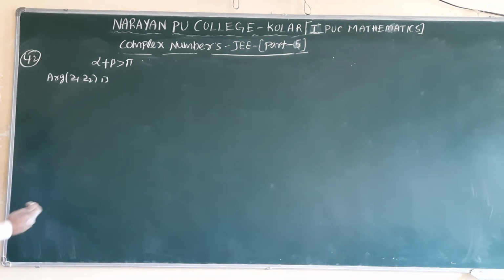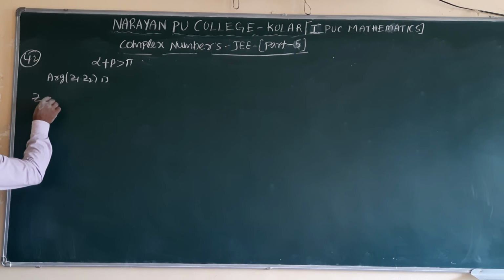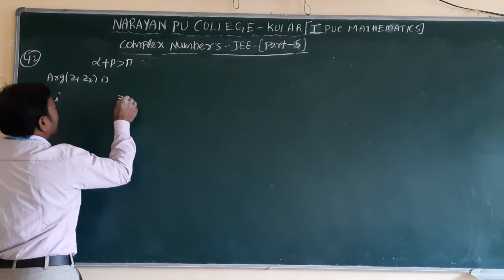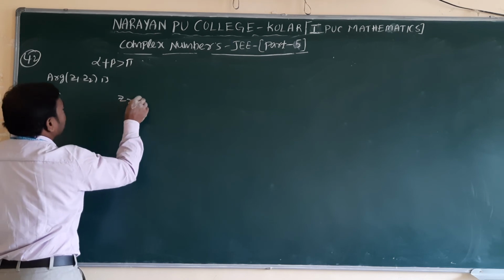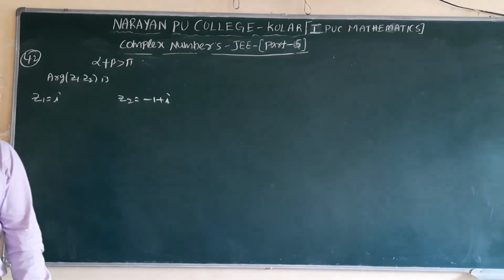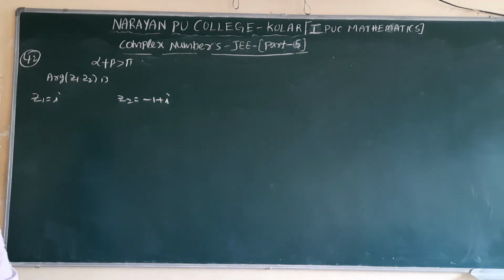Now let Z1 is equal to i and Z2 is equal to minus 1 plus i.